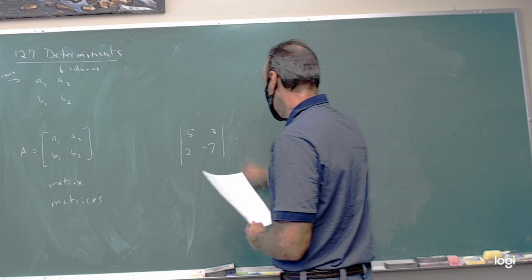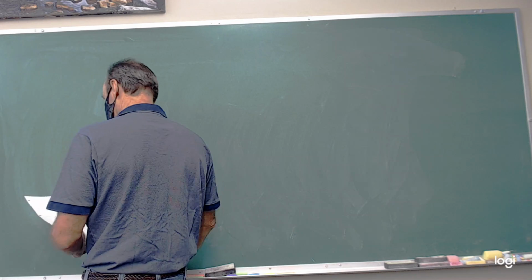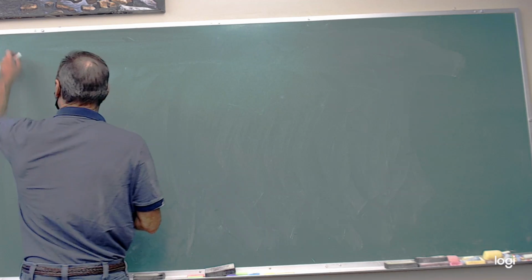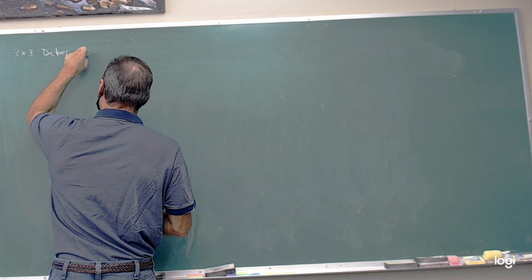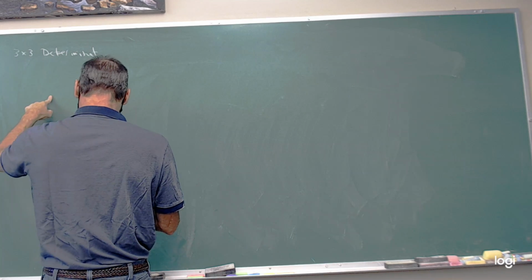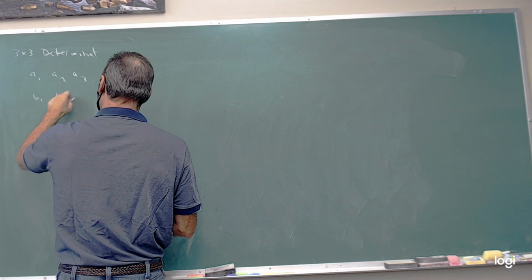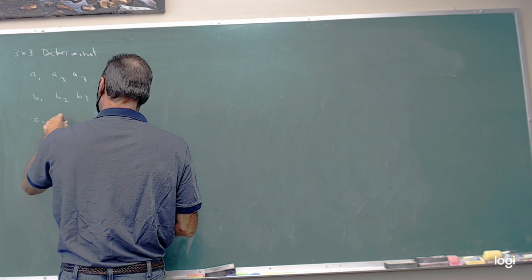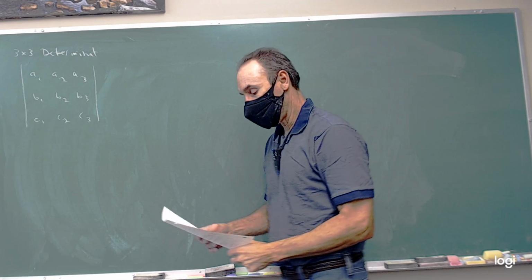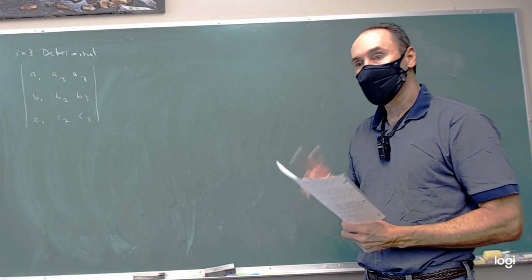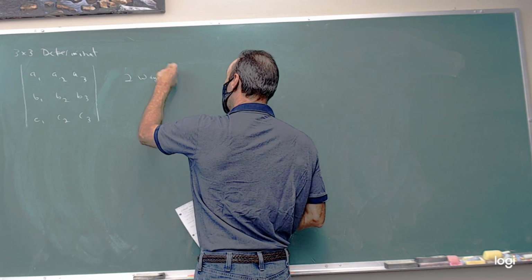So we move on up to 3 by 3 determinants, and things get more complex. A 3 by 3 determinant might be something like A1, A2, A3, B1, B2, B3, C1, C2, C3, with straight line symbols on the outside to denote that. We are going to find 2 ways to evaluate 3 by 3s.